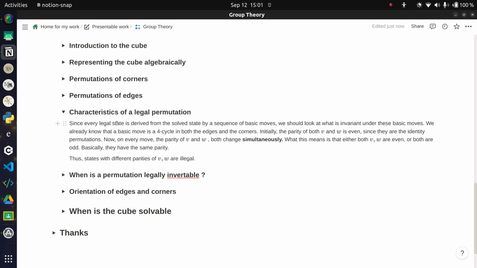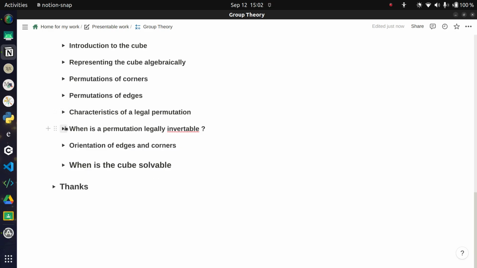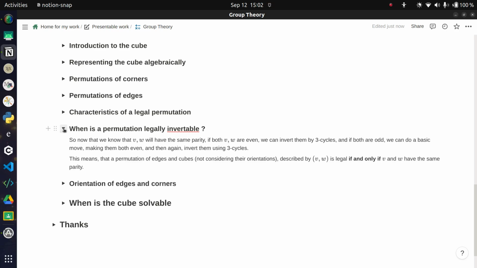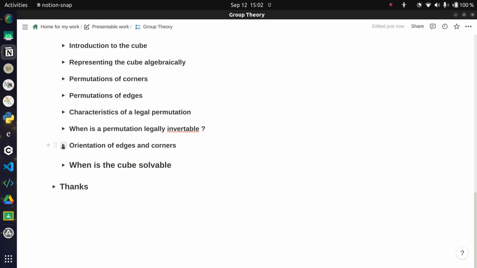If that's the case, then you can invert the permutation by doing the 3 cycle thing that I told you. If that's not the case, then it's an illegal permutation and you can't do anything to get it back to the solved state. Okay, I mean any legal thing, of course. So when is the permutation legally invertible? That's basically what I talked about. Yeah, just that.